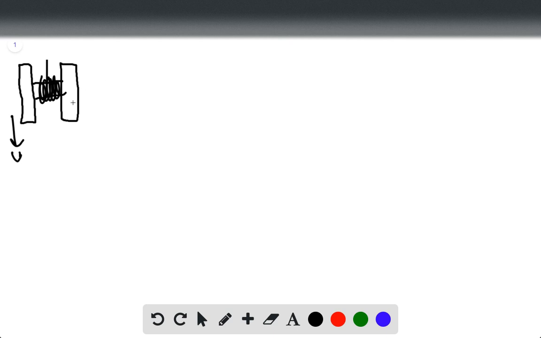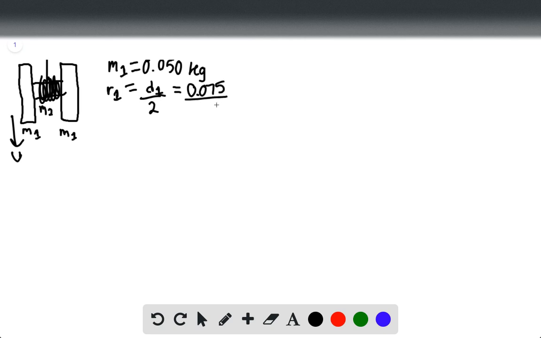And we know that we're going to denote these two disks as mass sub one, and then we'll denote this hub as mass sub two. So we can say that mass sub one equals 0.050 kilograms, and that radius sub one equals d sub 1 over 2, or 0.075 over 2.